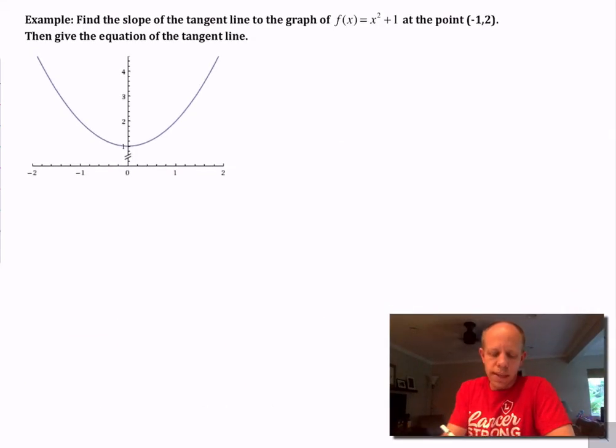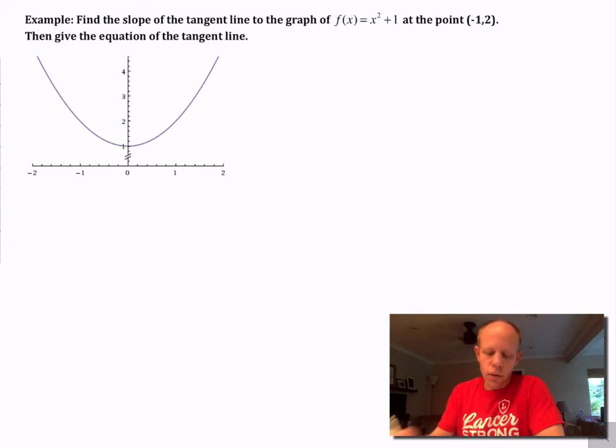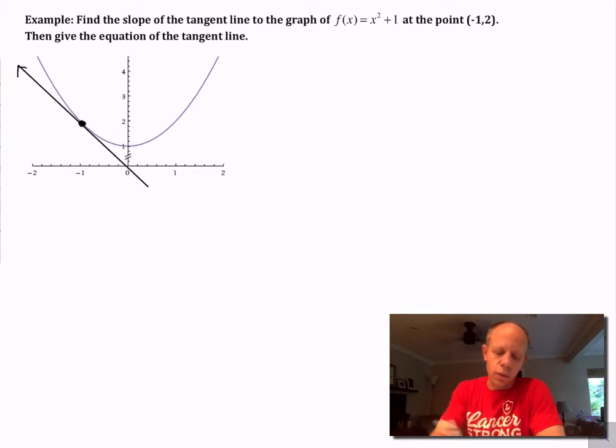So we want to do an example now where we find the slope of the tangent line to the graph of f of x equals x squared plus 1 at the point (-1, 2), and then we want to give the equation of this tangent line. All right, so here's kind of where we're looking. So (-1, 2) would be the point right here, and we want to find the equation for this tangent line right there. Okay, so we need to find the slope, and we already are given the point, the (-1, 2).